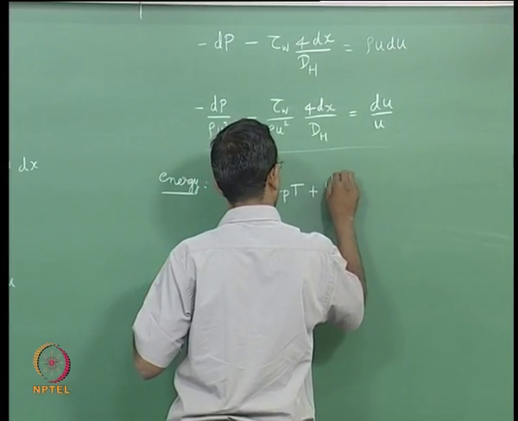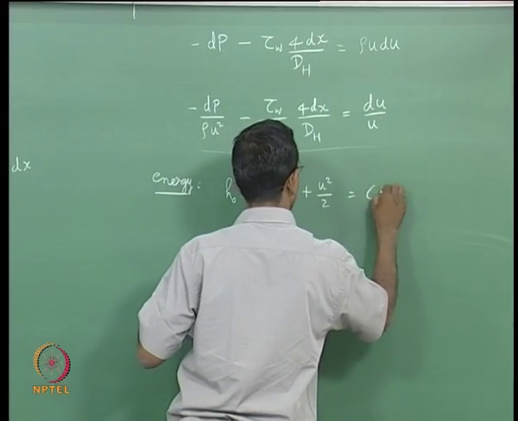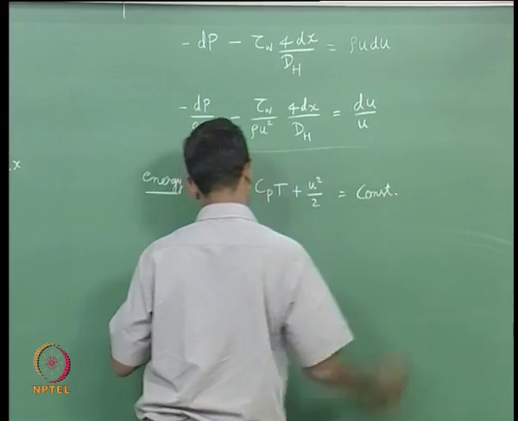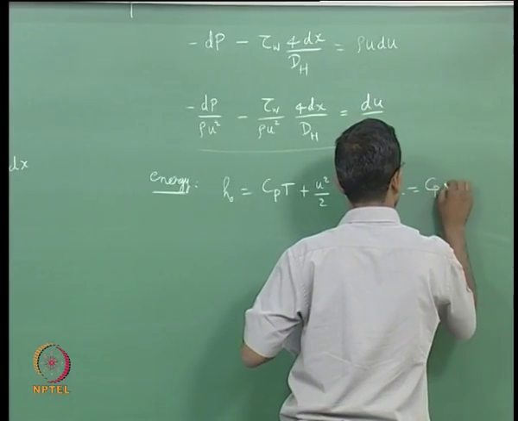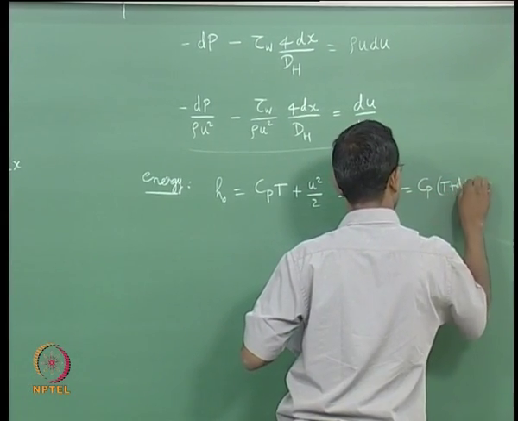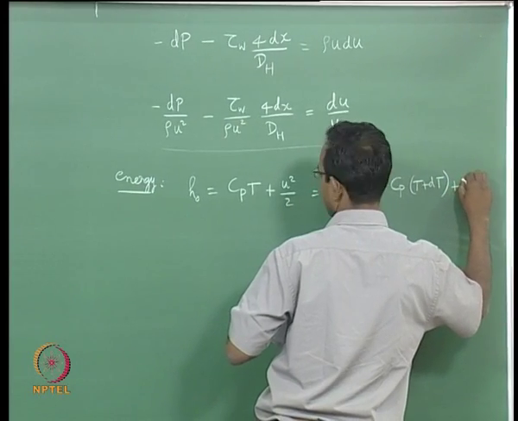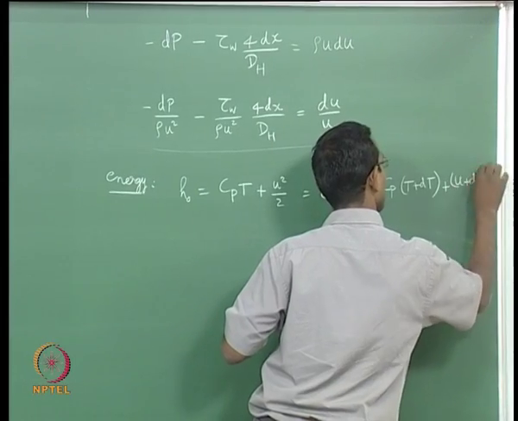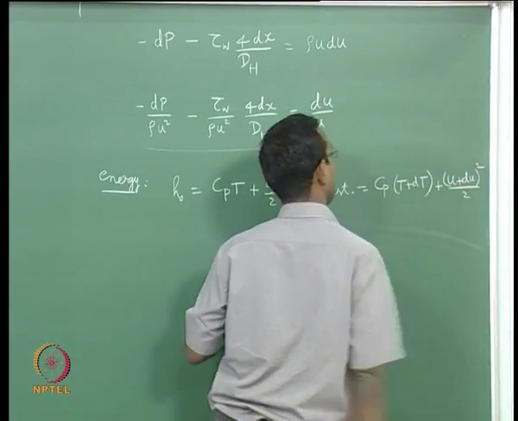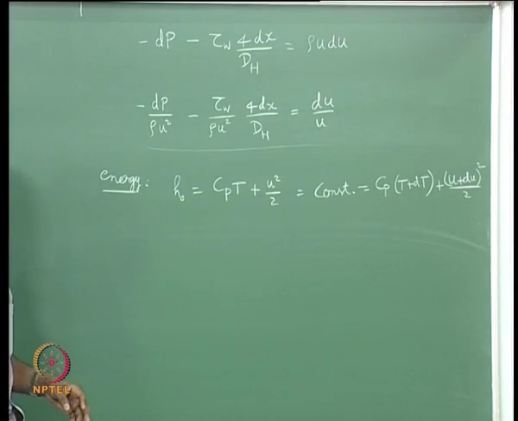Cp T plus u square by 2 equal to constant. Okay, that is what I have, which means this is equal to Cp into T plus dT plus (u plus du) whole square by 2 is equal to that also.